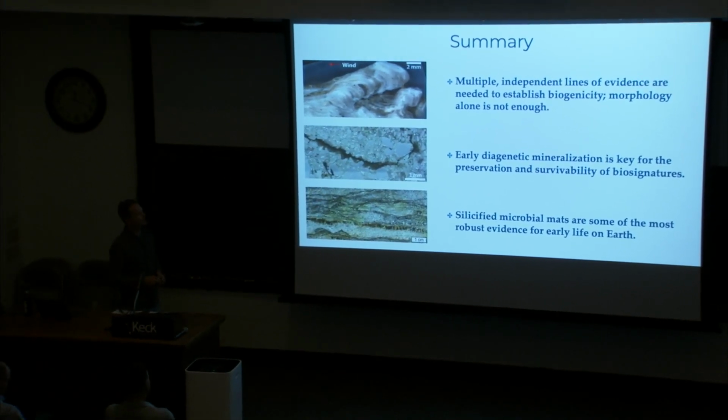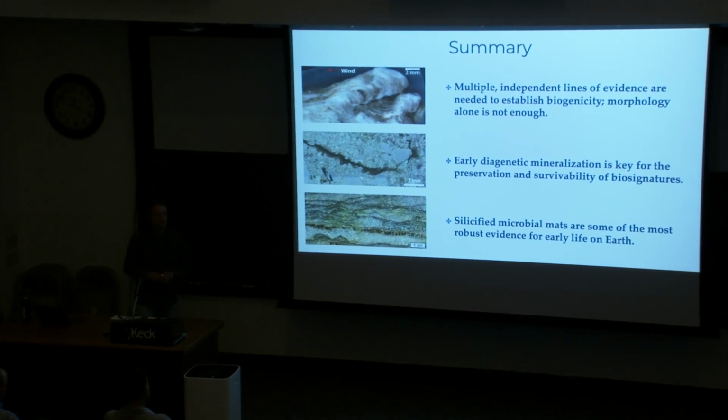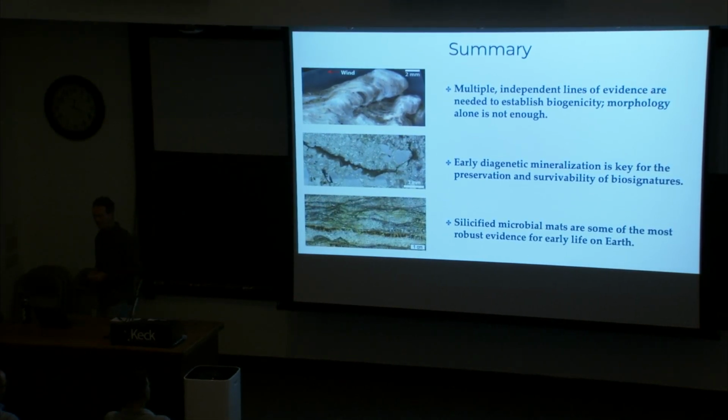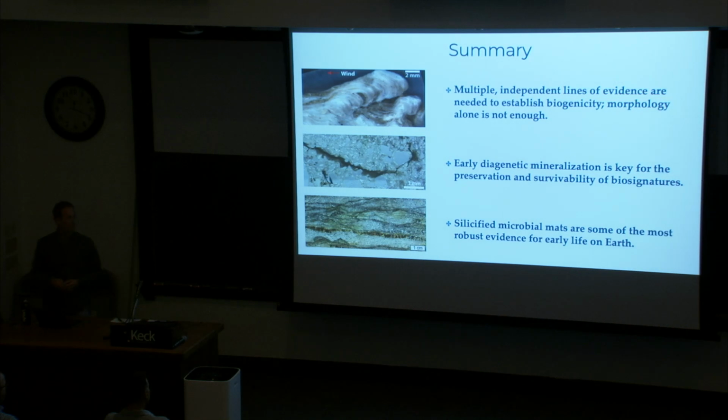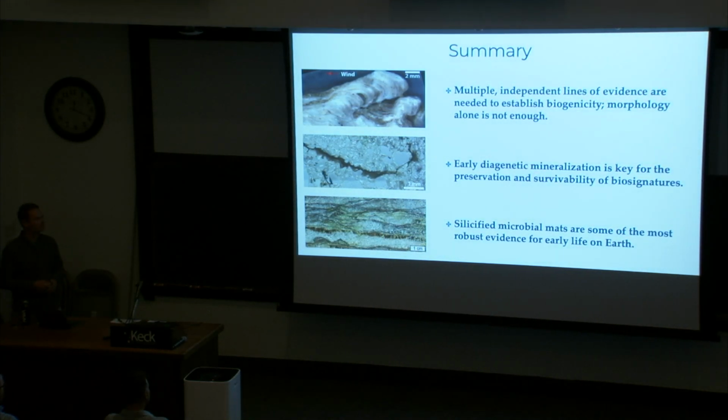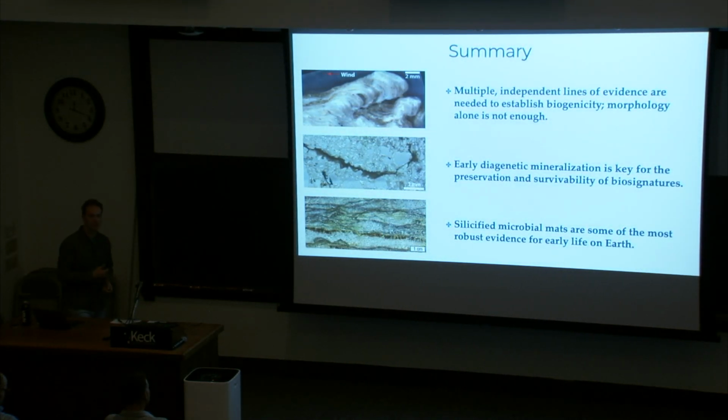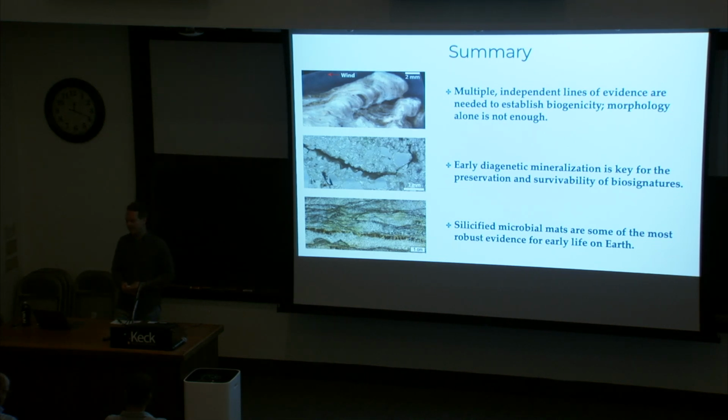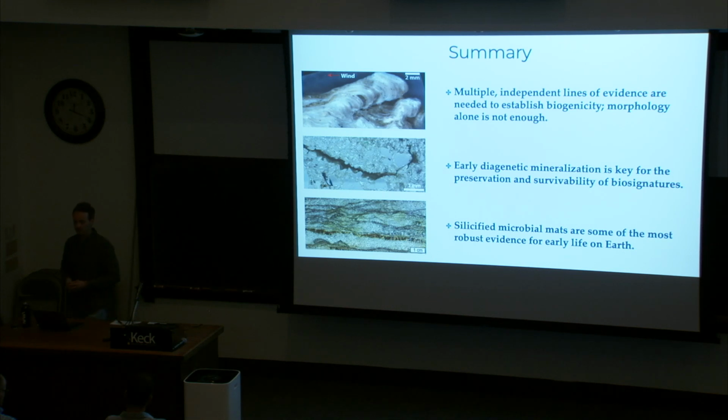Early diagenetic mineralization is key for the preservation of any sort of biosignature, and silicified microbial mats or biofilms are really robust evidence for early life on Earth. And in my point of view, if there was ever life on Mars, or still is, if there are microbes, they will eventually start to form a biofilm that eventually leads to the formation of a microbial mat. So these are really prime targets for astrobiological research.